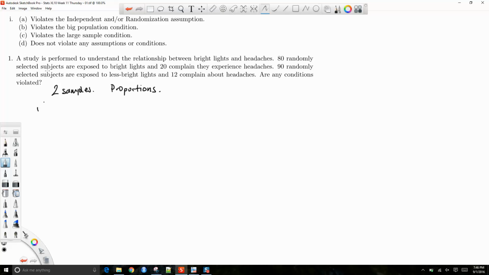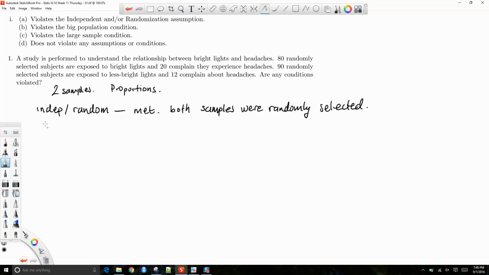And then when we look at the conditions, we have the independent and random condition. And this condition is met because both of our samples say they were randomly selected. If we look at the big population condition, this condition is also met, okay?